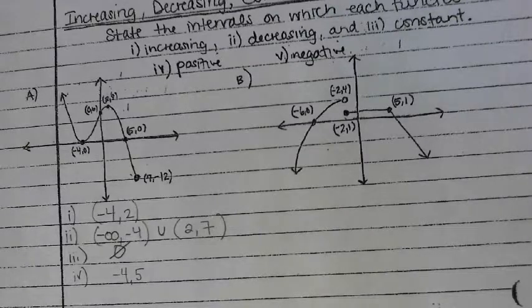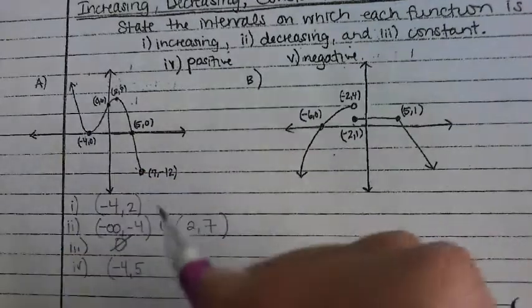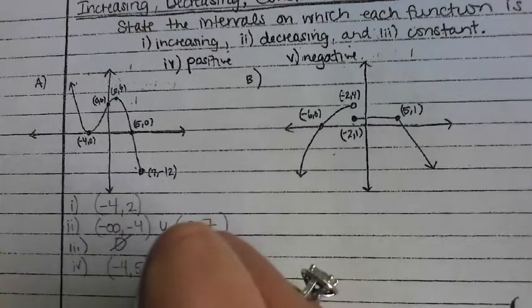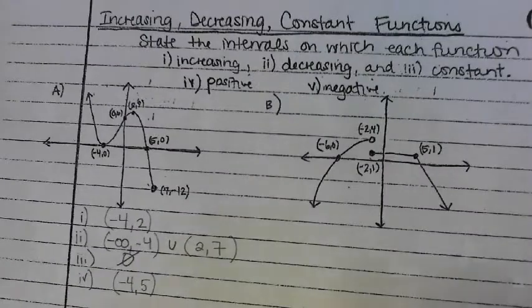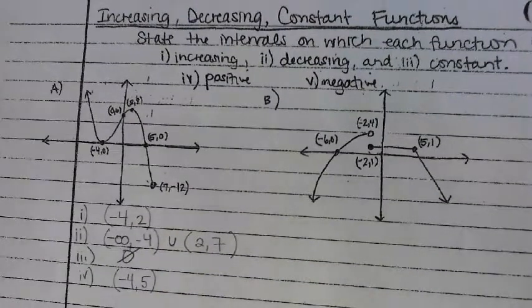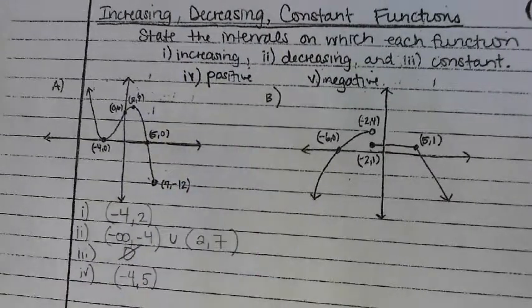Would I use parentheses? Correct. Because at -4, it's not actually positive. It's right on 0. And same thing at 5. So she did a good thing there. Positive is not to be confused with a positive slope. Increasing means positive slope. Positive, just plain old positive, means above the x-axis.